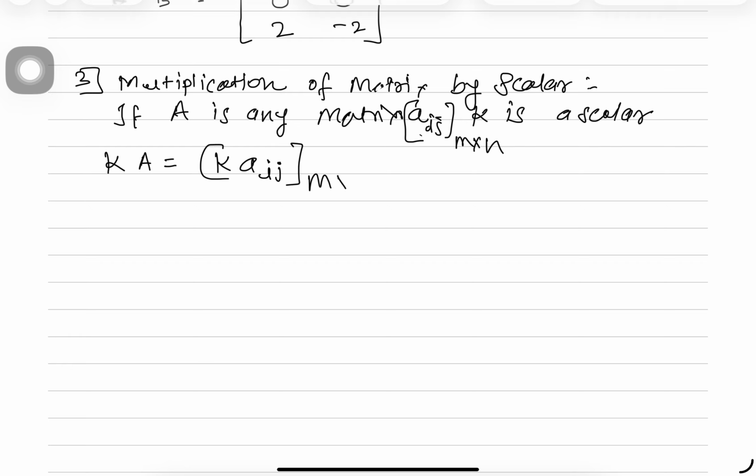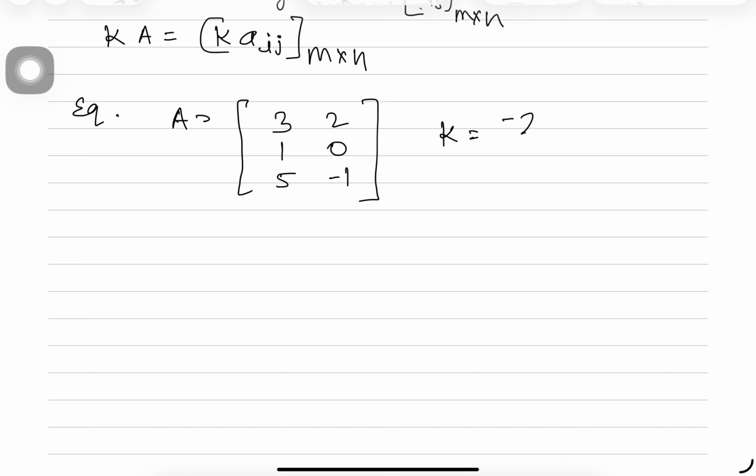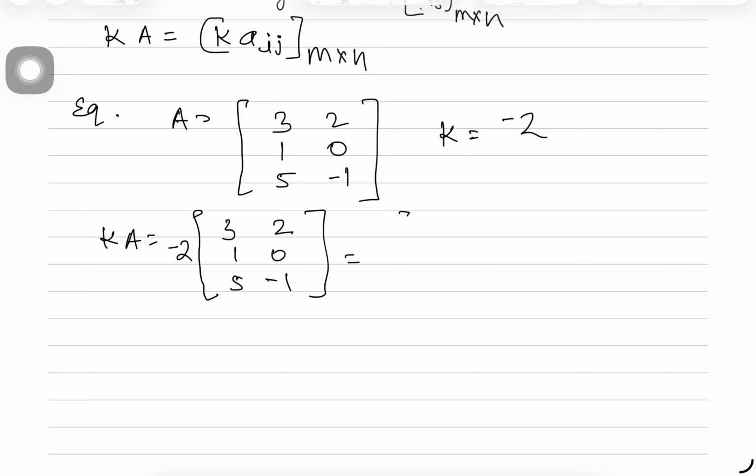For example, we will take A as 3, 2, 1, 0, 5 and minus 1, and K we will take as minus 2. So K into A is minus 2 into this matrix.